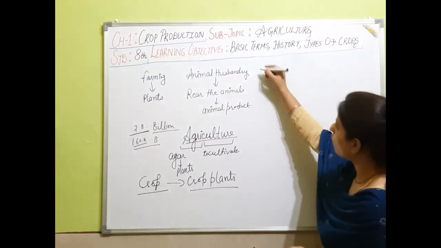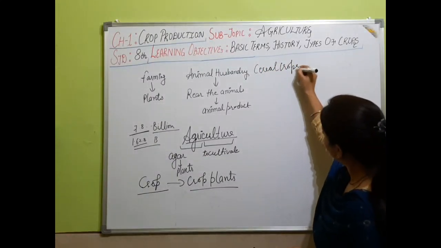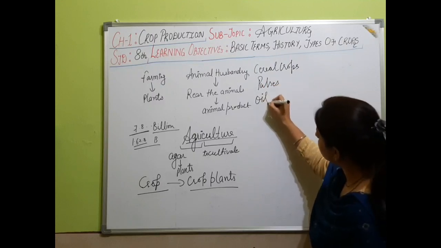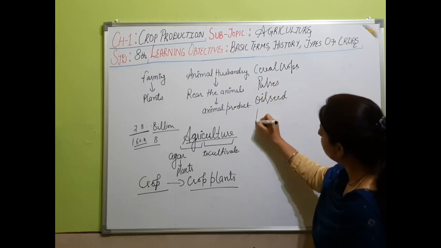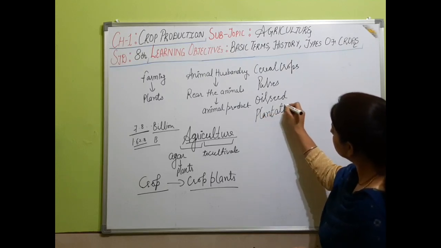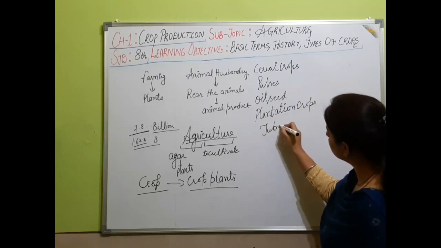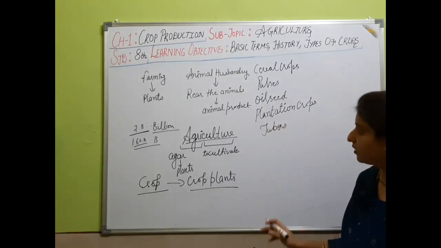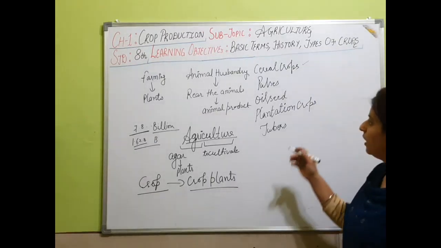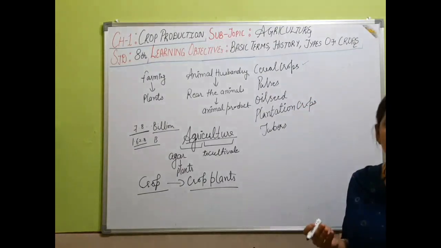We have cereal crops, pulses, oil seeds, plantation crops, tubers and many more. In cereals you can go for wheat and many more. In pulses you can go for peas, beans.